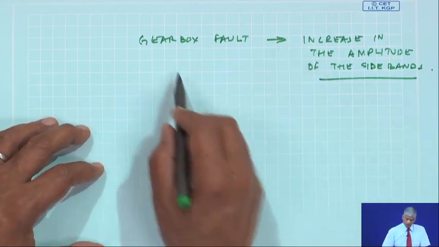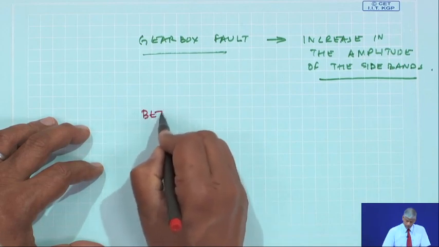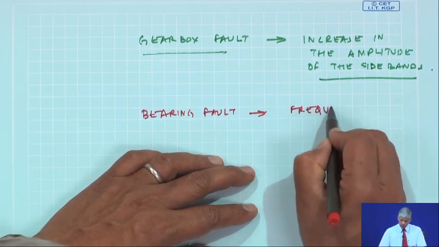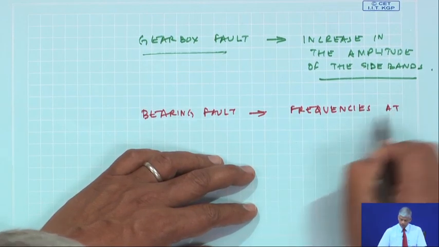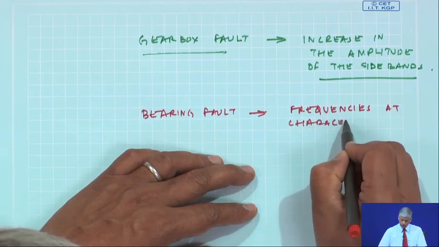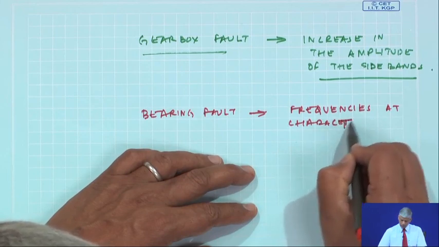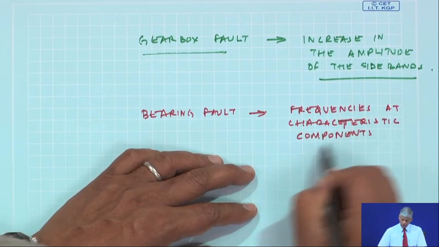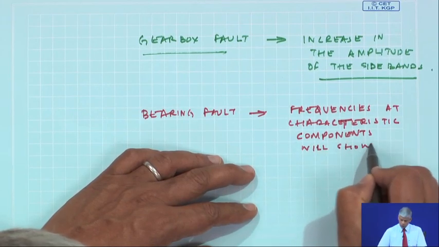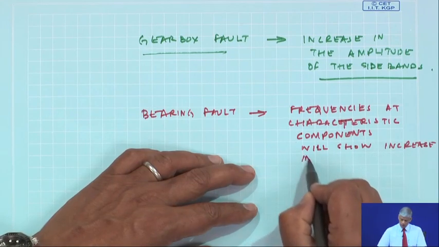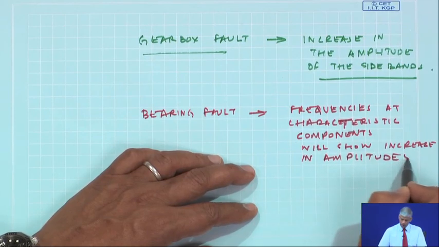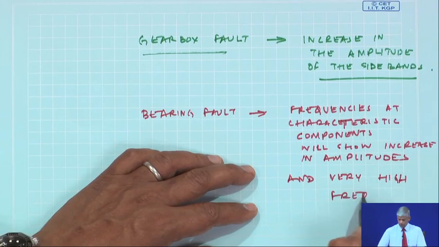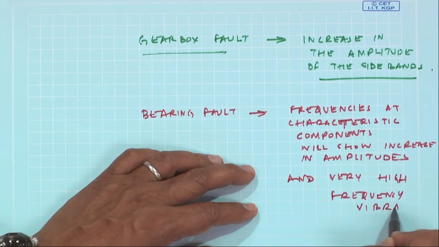So this can be, unlike a bearing fault, which may have characteristic frequency components that will show increase in amplitudes and very high frequency vibration. We will discuss this later on.